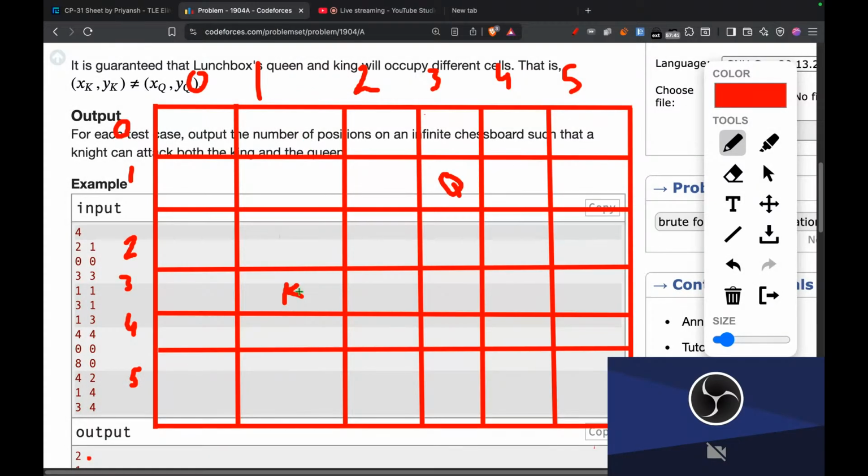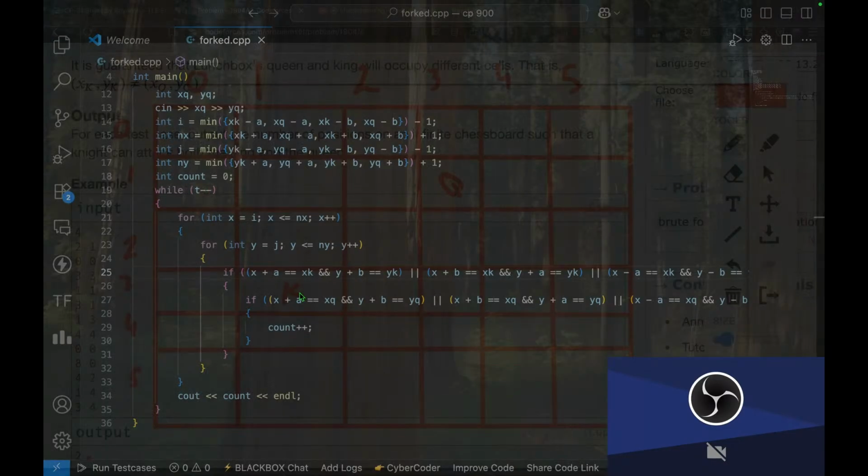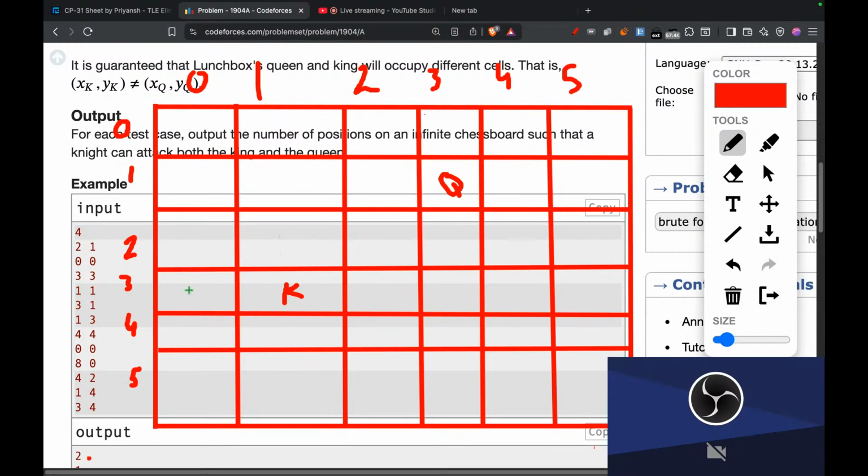So x of king minus a, that is, from here, right. So our index will be the minimum of them minus 1. Here x is 3 and here x is 1.